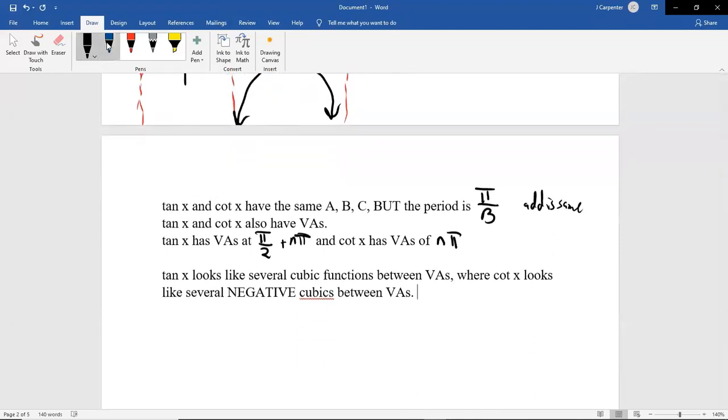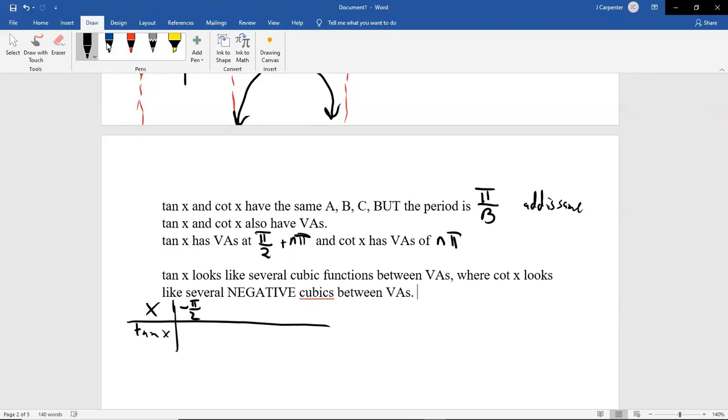If you were to do a very, very short table of values for tangent, what you end up doing for one wave, so a period of pi means you're going from 0 to pi, but in trying to make the vertical asymptotes make a prettier looking graph, we go from negative pi over 2 up to pi over 2.